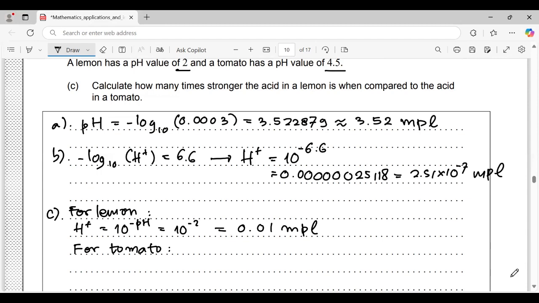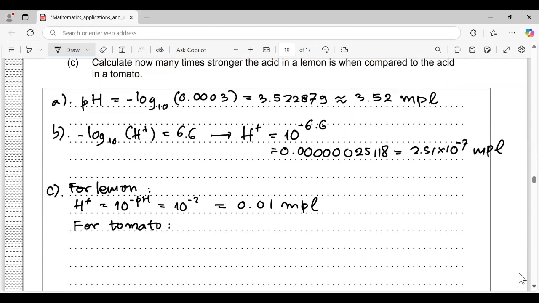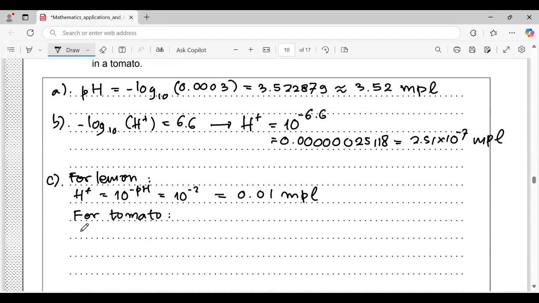For tomato, 4.5, it means the hydrogen concentration is 10 power minus 4.5, or it is 0.000031623, or 3.16 times 10 power minus 5 moles per liter.